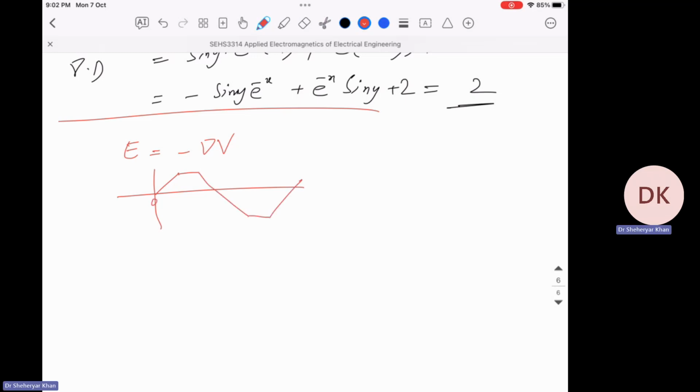So start from 0, goes to 3, 5, then 8, 11, 13, 16, with values 30 and minus 30. That means first we take the derivative.